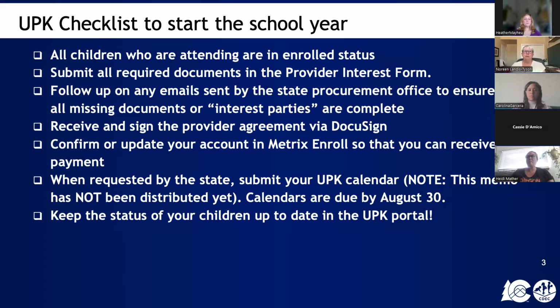If you don't respond within a couple of days to our emails or the family's email asking you to unenroll, then we're going to do it for you, so that the family can move to the next step. But we need you to make sure that you keep the status of your children up to date.